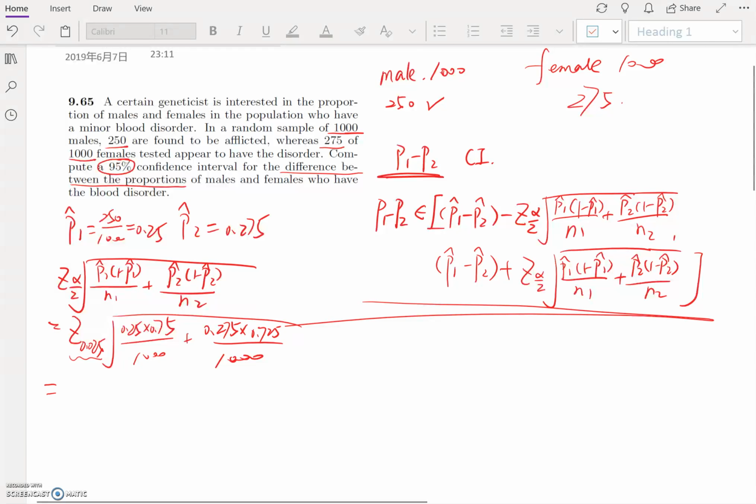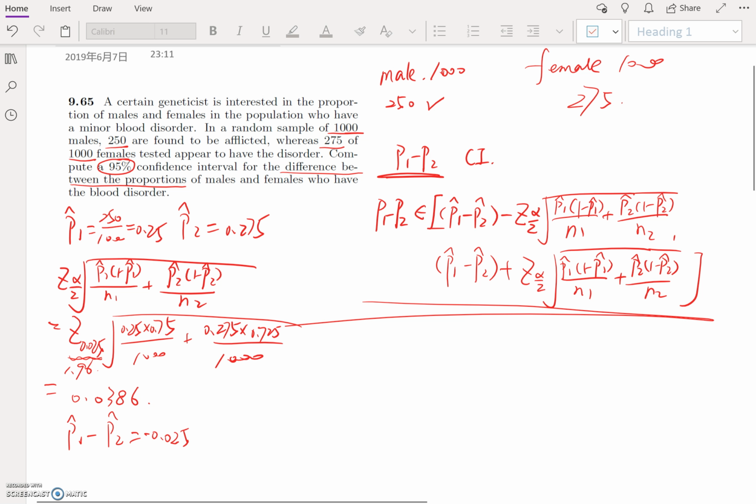So we can get the value, which is 1.6096, so it is 0.0386. And P1 hat minus P2 hat is minus 0.025.